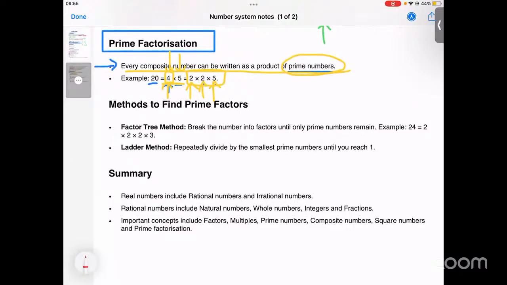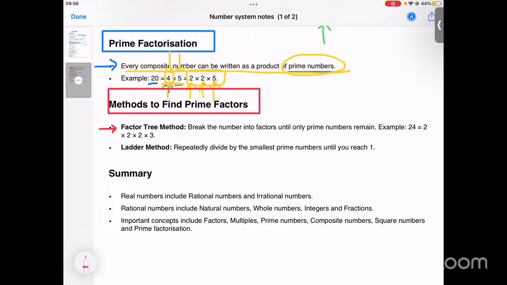So here they are talking about methods to find prime factors. Those methods include the factor tree method, very much important. The factor tree method is where you break the number into factors until only prime numbers remain.